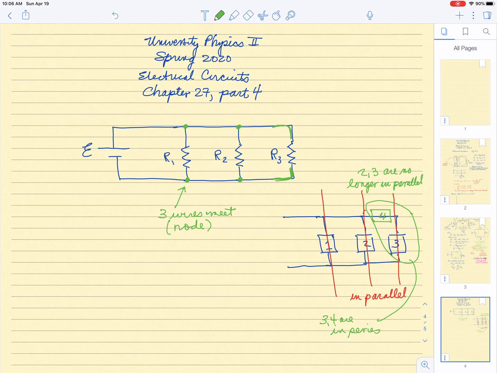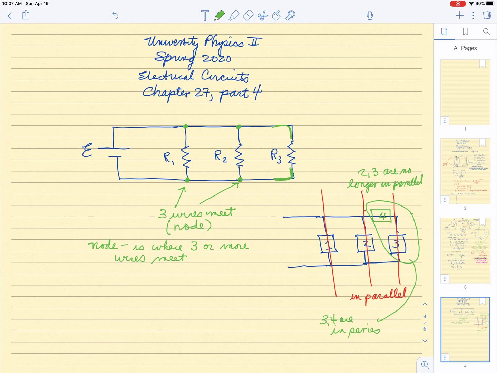In contrast to nodes that we've met in wave phenomena, right? So a node is where 3 or more wires meet. Okay, so we have nodes here.